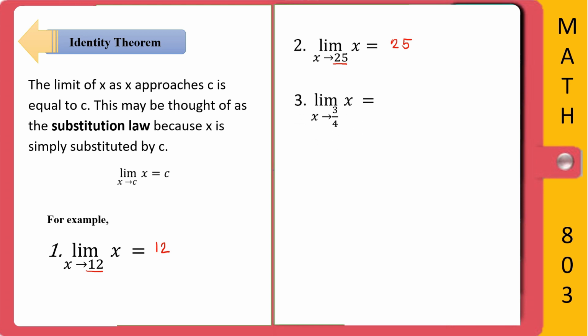Another example, the limit of x as x approaches 3/4. Since c is 3/4, the answer will be 3/4. Next example, the limit of x as x approaches 110.10. Since the value of c is 110.10, the answer will be 110.10.